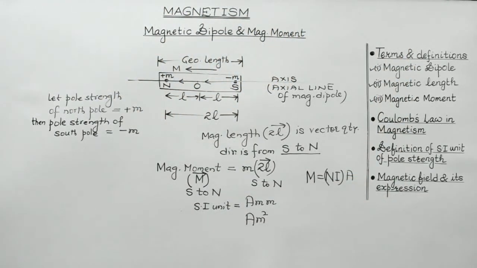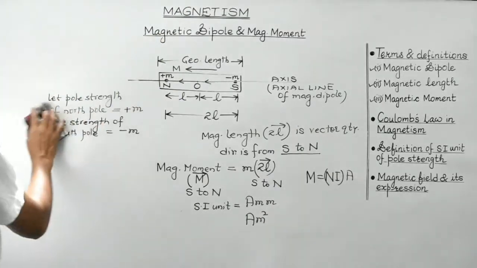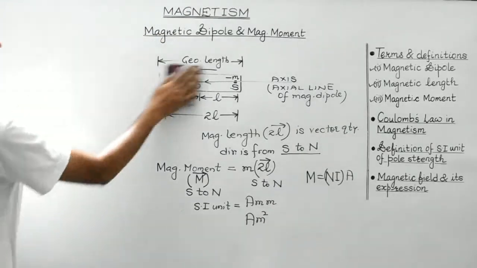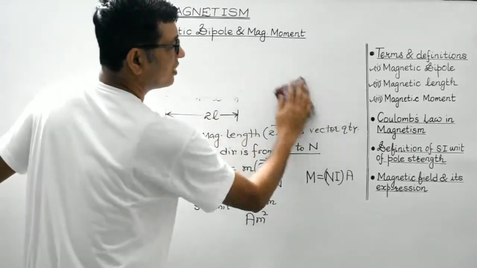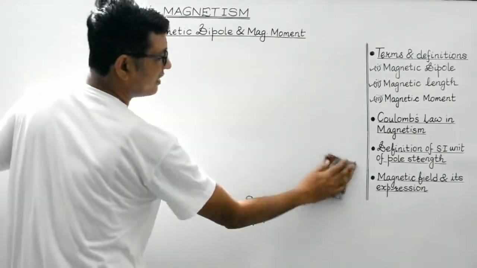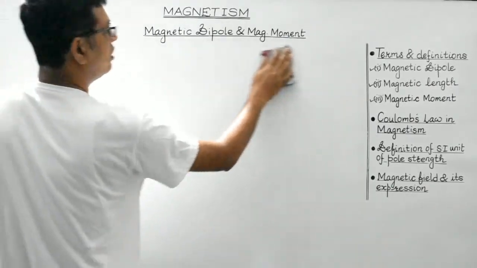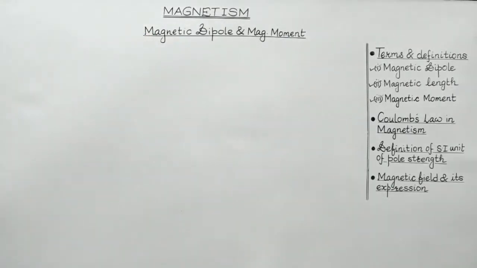Now students, after going through the definitions of these terms, that is magnetic dipole, magnetic length, magnetic moment, we are in a position to discuss the next topic, which is Coulomb's law in magnetism. It is equivalent or synonymous to Coulomb's law in electrostatics.